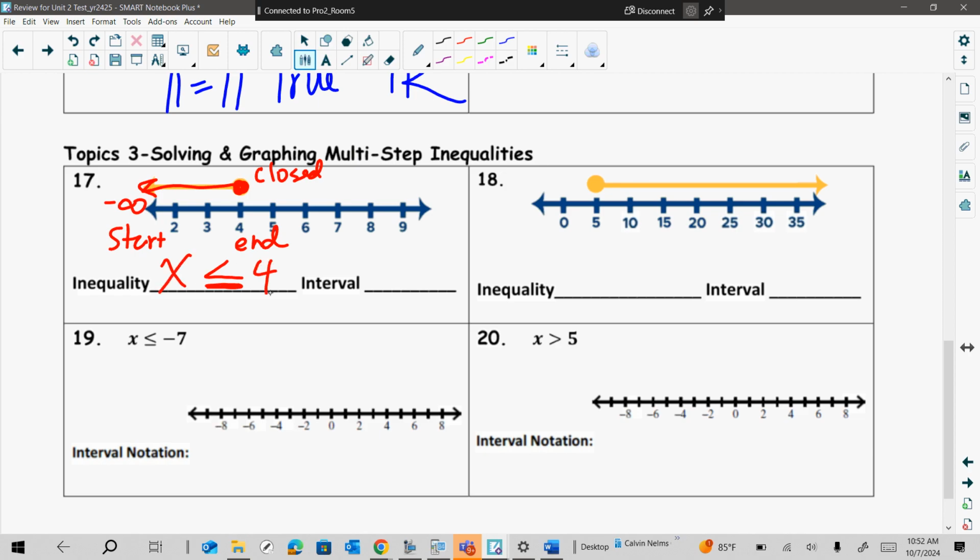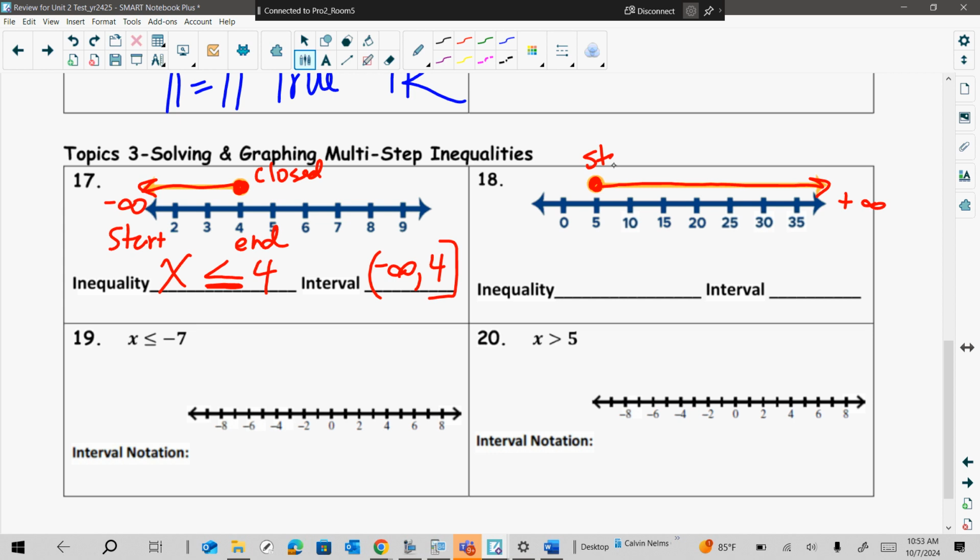That's the inequality. The interval notation is parentheses, negative infinity, comma, 4. And it has to be a bracket because it's closed. There's a dot at 4. If I was doing number 18, it's pointing to the right, going to positive infinity.